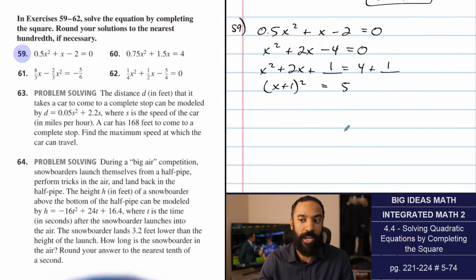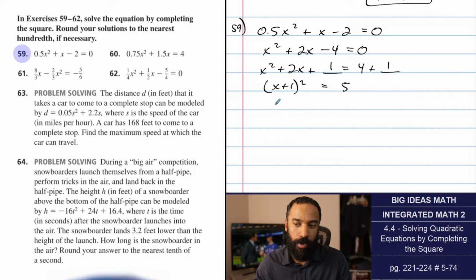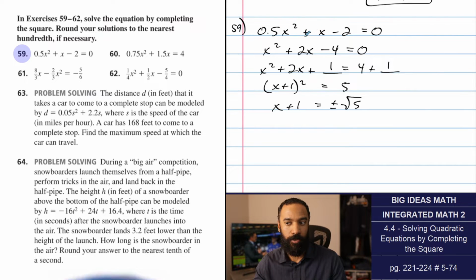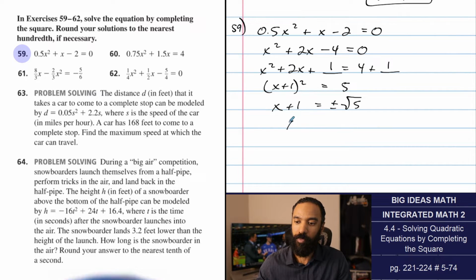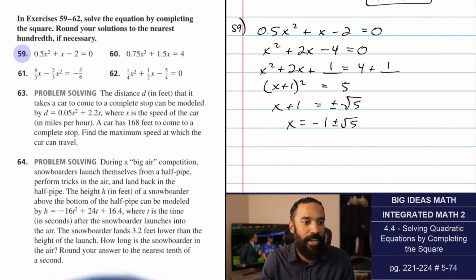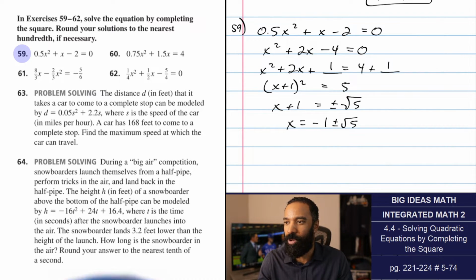Now listen, at this point, guys, I'm going to go fast. I'm not teaching what we've already done a bunch of; if there's something new I'll bring it up. That was new, so I taught it. Subtract 1 from both sides, that equals negative 1 plus or minus root 5. I'm not a fan of rounding to these hundredths, though. Negative 1 plus or minus square root of 5 gets me 1.24.